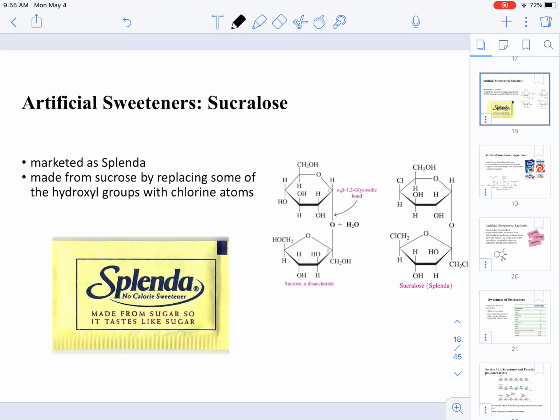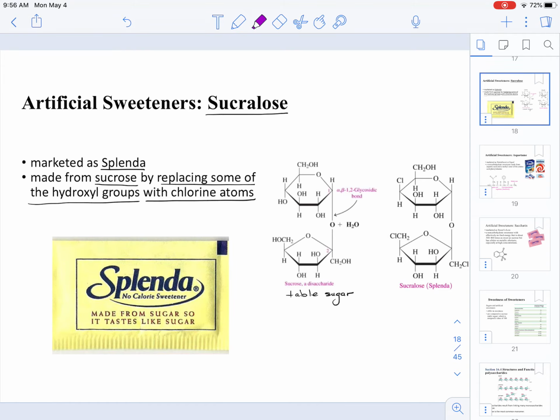So the first one that I'm going to talk about is sucralose. Okay, and you may not know sucralose, but you may know the product Splenda. That is the marketing name. Now, understand that sucralose is actually made from sucrose, and it is made by replacing some of the hydroxyl groups that are in sucrose, meaning table sugar, with chlorine atoms.